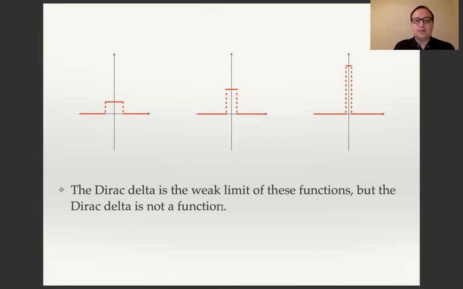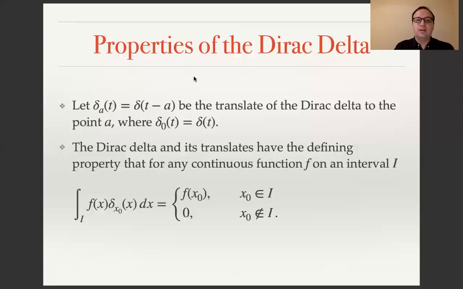It is a measure and a distribution, both of which are notions that can generalize the notion of a function. We can recall the Dirac delta function, or measure, is the one that represents a point mass at 0.